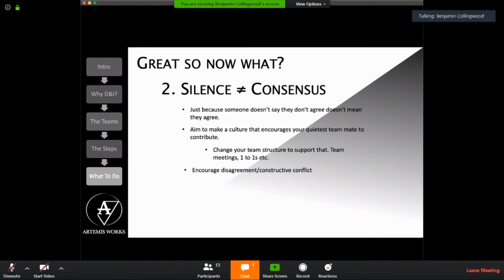Encourage disagreement and constructive conflict. Now, this is what we've been talking about before. Encouraging disagreement is super important, and it's critical that it is done in a constructive way. A number of different people have done loads of different work on constructive disagreement and constructive conflict.